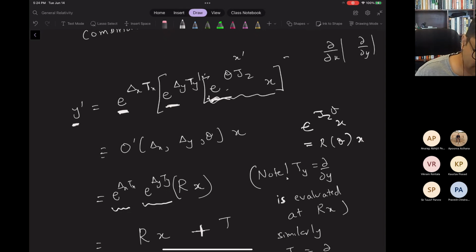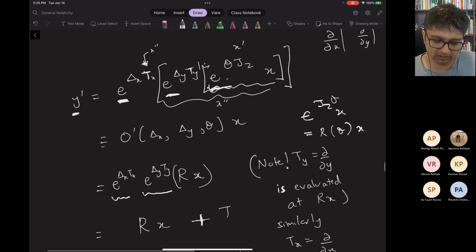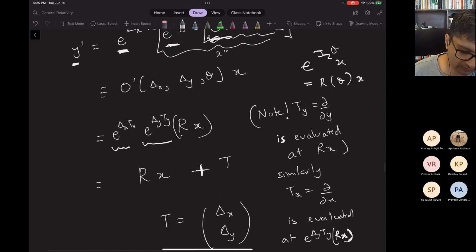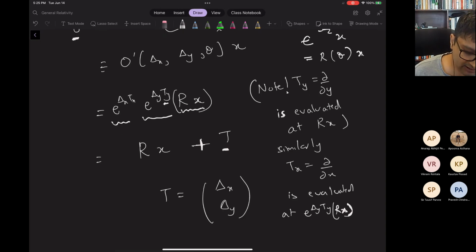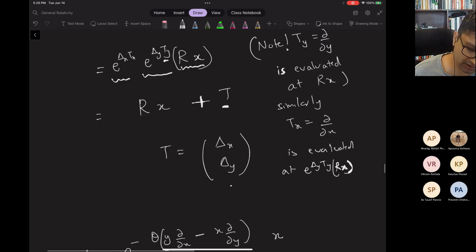And once again, after the next transformation, these killing vectors have to be evaluated at the point x double prime, whatever new point I'm at. So now if we're at the point Rx and then we want to translate, we'll generate a translation Rx plus t, where t is something like delta x, delta y. You can check this later.